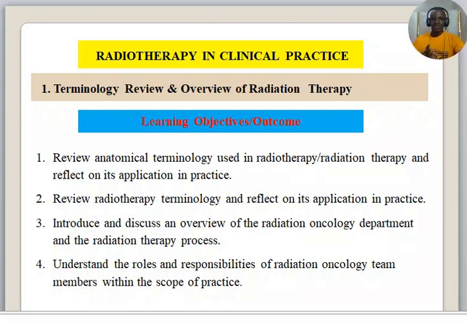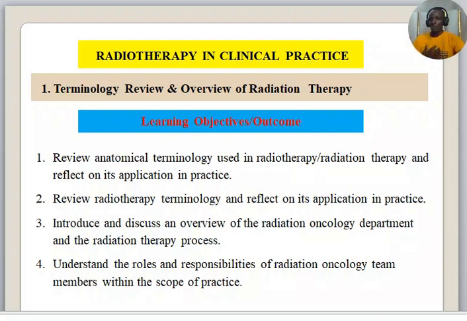I'll start by looking at terminology review and overview of radiotherapy, which will form my first topic, which will have a series of lectures. Under this topic, I have certain objectives that I'm supposed to achieve. One, I'll review anatomical terminologies used in radiotherapy and reflect on their application in practice, and also review radiotherapy terminologies and reflect on their application in practice.